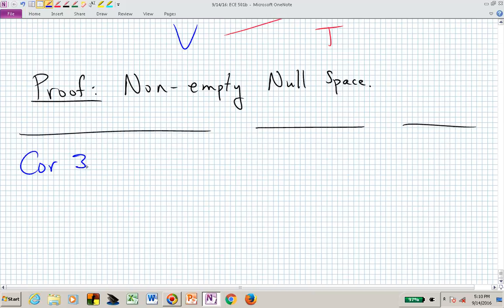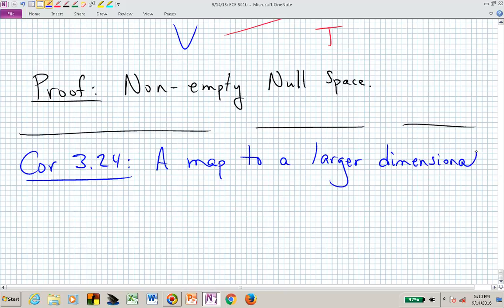This is Corollary 24 in Chapter 3, and this is a map to a larger dimensional space is not surjective. That's the title of this corollary. A map to a larger dimensional space is not surjective.